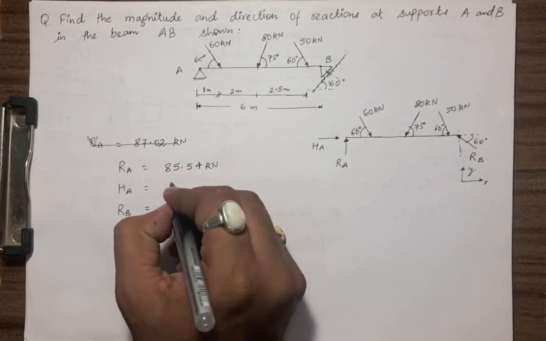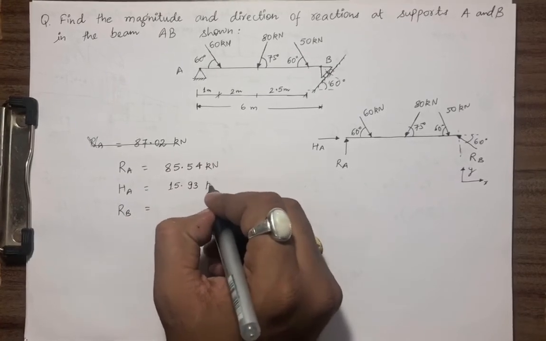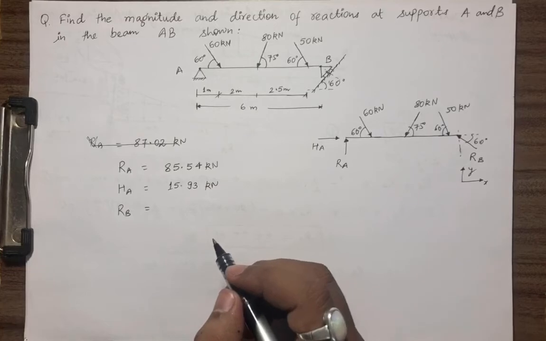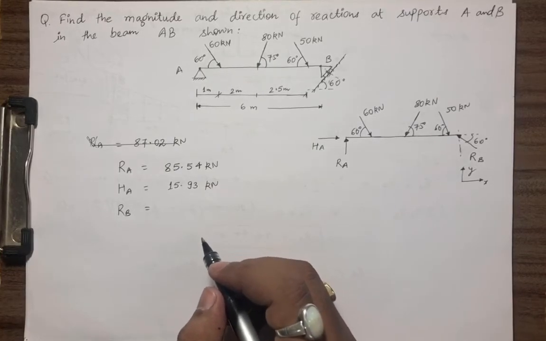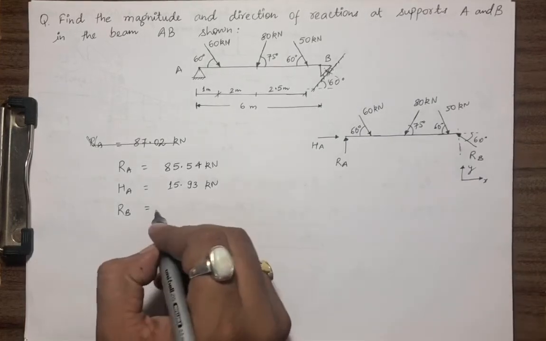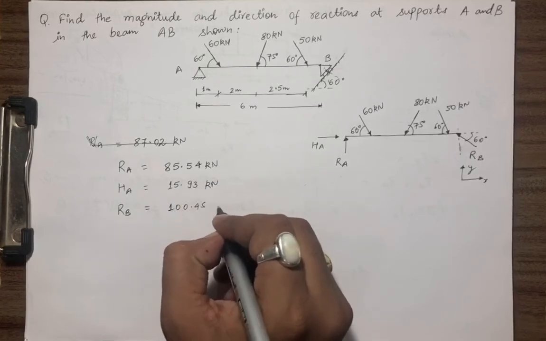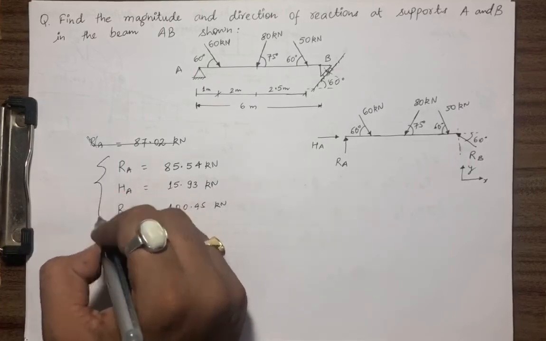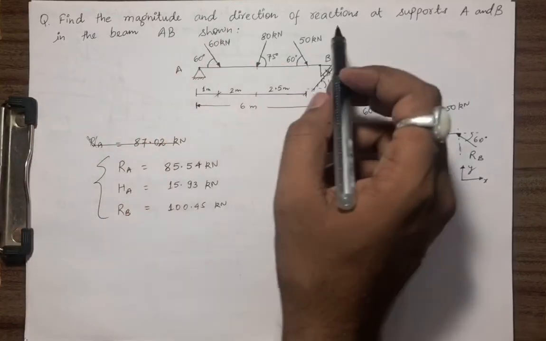Ha is coming 15.93 kilonewton, and Rb is 100.45 kilonewton. But the question is asking to find the magnitude and direction of the reactions at the support.